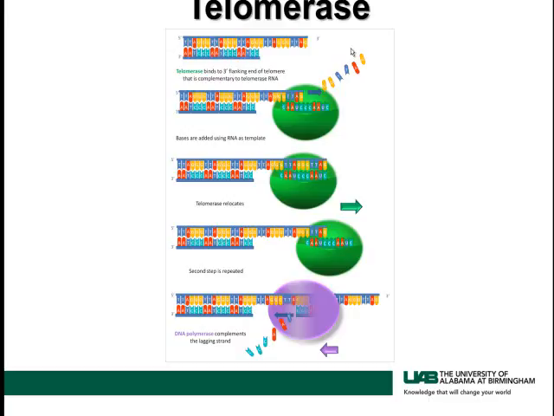And so, for that reason, for every cell division, there is that gap at the 3' end of that DNA, okay? And so, if you're not careful, the end of the chromatids will begin to be shortened with each cell division, okay?